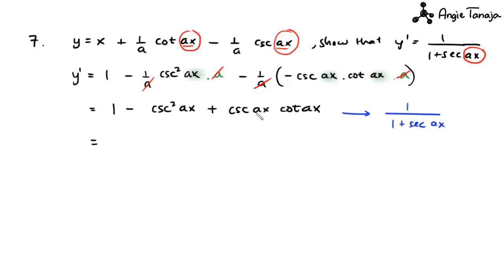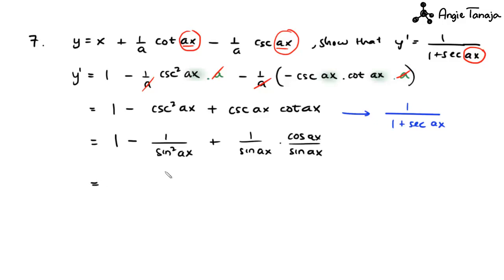But right now we don't have any fraction yet, right? So we're going to convert this to be a fraction. As you know, cosecant is 1 over sine. So this will be 1 over sine square ax. And cosecant here is 1 over sine ax. Cotangent is cos ax over sine ax.